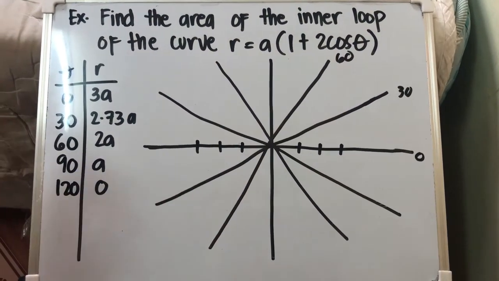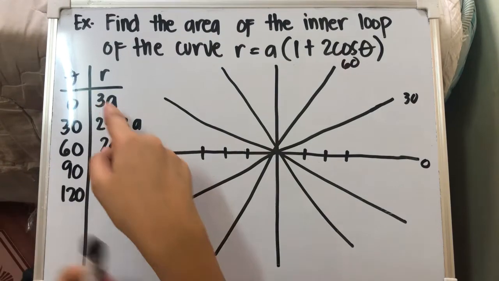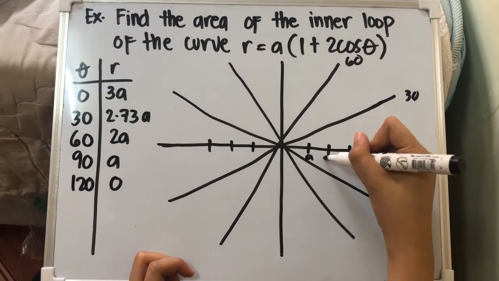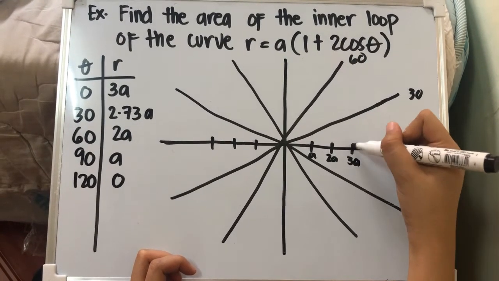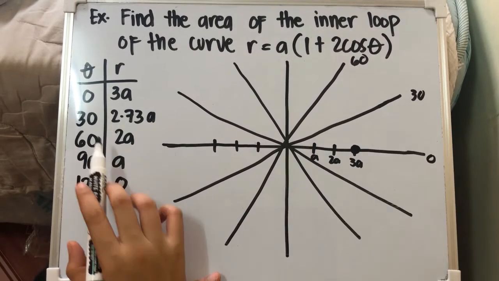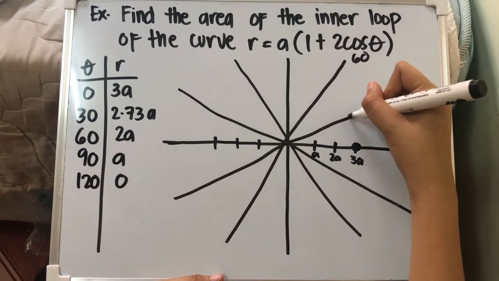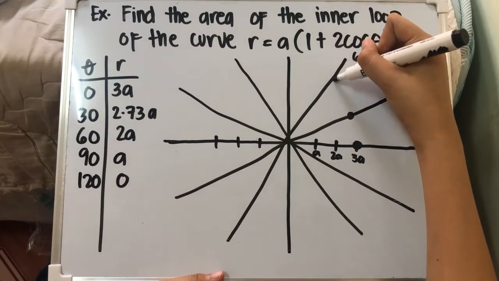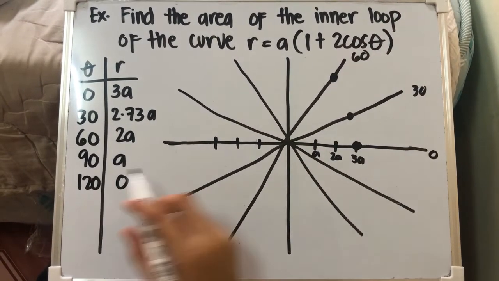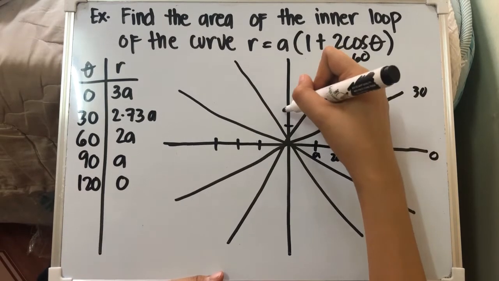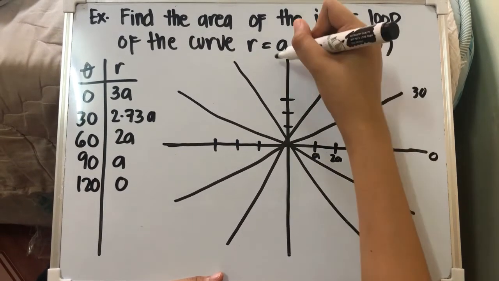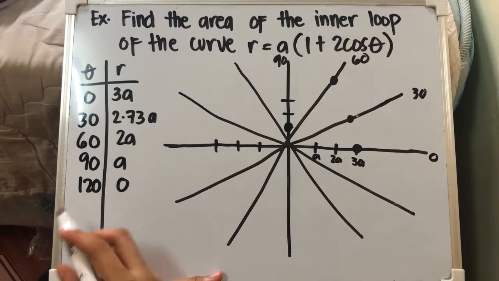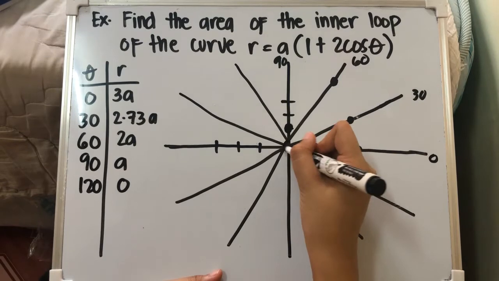So plotting the points to our graph, we have 0 and 3A. That is here. This is A, this is 2A, and 3A. And then 30 and 2.73, so that's somewhere here. 60 and 2A, that's around here. 90 and A, so this is our 90, so meaning to say our A is here. And then 120 and 0, that's 0 here.